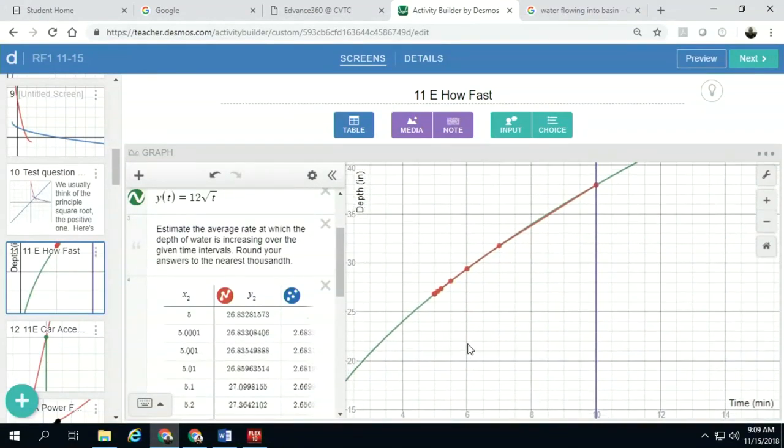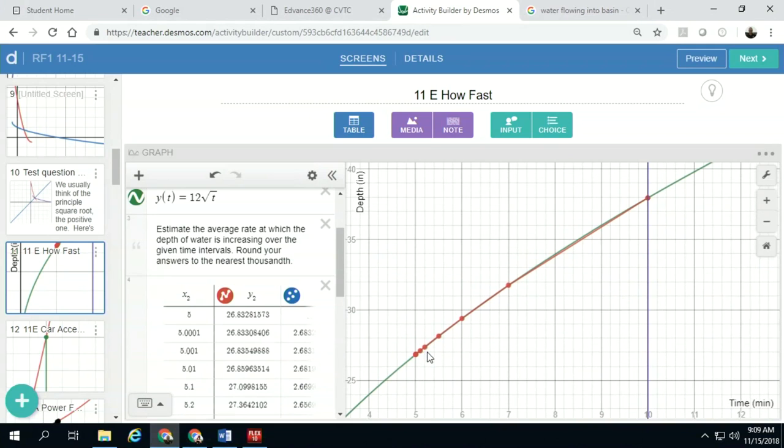So in other words, on this graph, as I zoom in between 5 and 7, the slope from here to here is 2.458. Let's do some thinking. Does it make sense that it's sloping uphill?